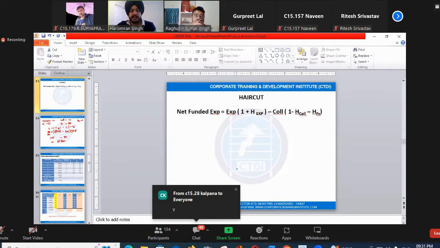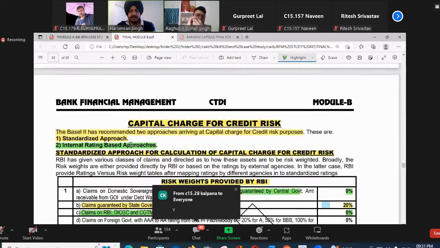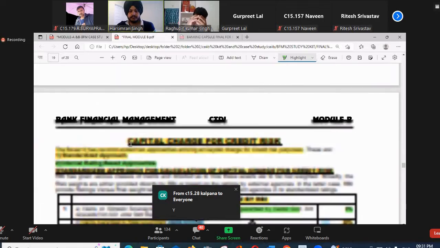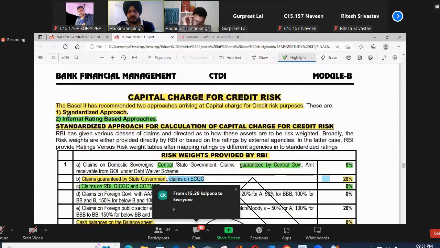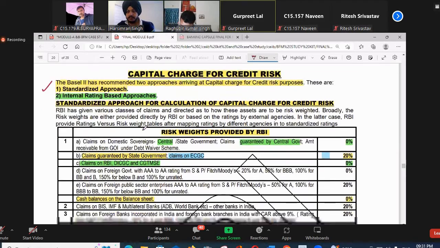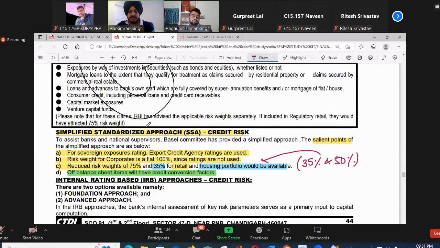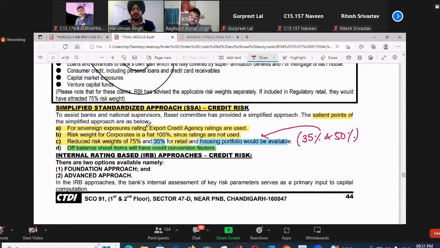So with this we have finished our standardized approach. Clear? Now we will start with internal rating based approach. Now it is on the same next page. ये देखो, page number 44.